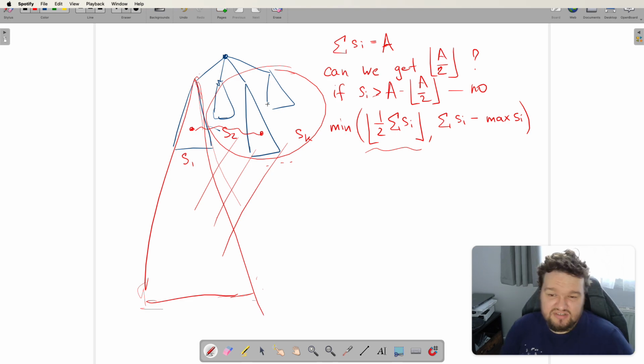So that's pretty much it. My algorithm will look like this: I will calculate sizes for all subtrees, and then I will run this procedure. It starts in the root, looks at the subtrees. If there is no large subtree, then I can just match everything except maybe one vertex. Otherwise, I will take the large subtree, go into it, and solve the problem recursively.